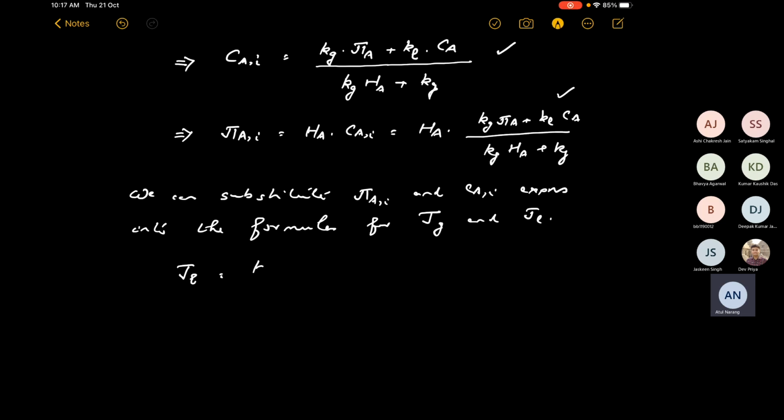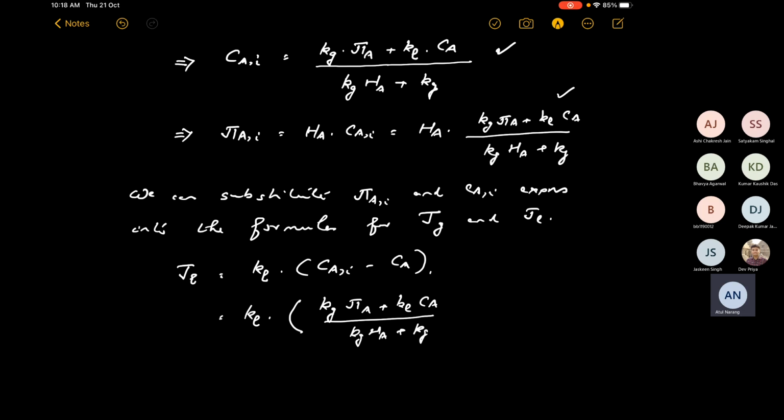JL was equal to KL multiplied by CAI minus CA. And I will substitute this expression that I have found. So this I will write as KL multiplied by KG pi A plus KL CA divided by KGHA plus KG minus CA. That's it.